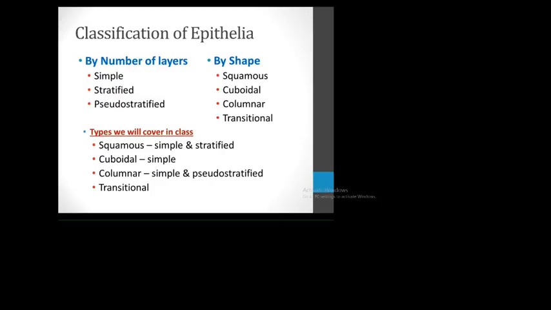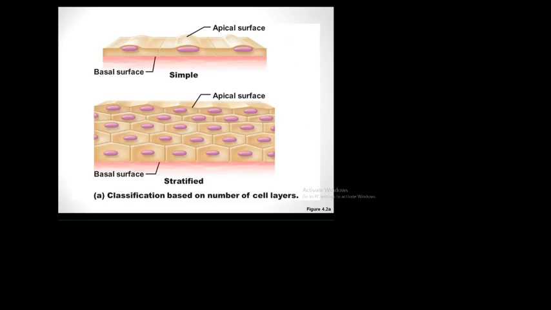And stratified squamous will be located anywhere there's an exit or entrance to the body. Right? What's the value here of having stacks of cells? More protection. So anytime we enter or exit the body, this is what we want, more stacks of cells for protection.